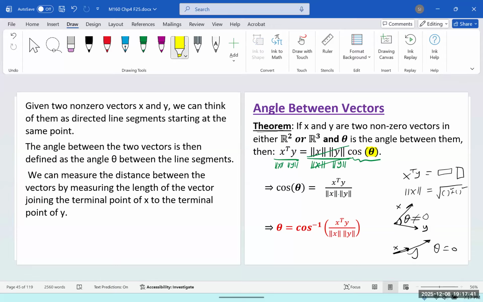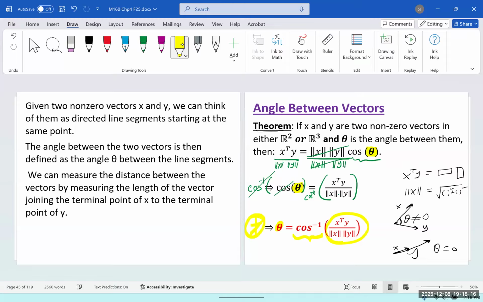But still our goal is to get theta alone. So we need to cancel cosine. To cancel cosine, we apply cosine inverse to both sides. So cosine and cosine inverse cancel out, and we get theta alone. So theta is cosine inverse of x transpose y divided by norm of x times norm of y.